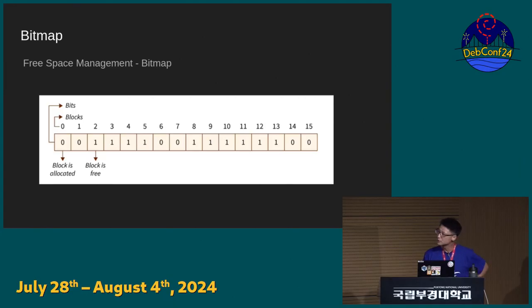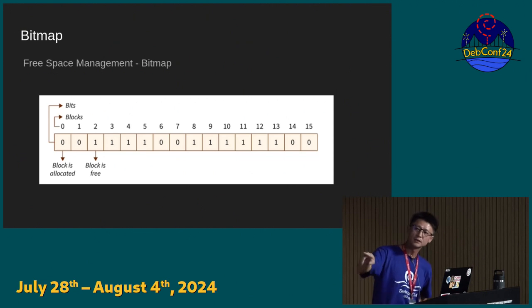In this image, we have 16 blocks, and how do I know whether a block is used or not? We just follow the bit record here. The first two blocks, block ID 0 and 1, the record is 0, which means the block is allocated. And for others, like block 2 to block 5, the record is 1, so the block is free. When the file system wants to find space to write data, a record of 1 is safe to write data.